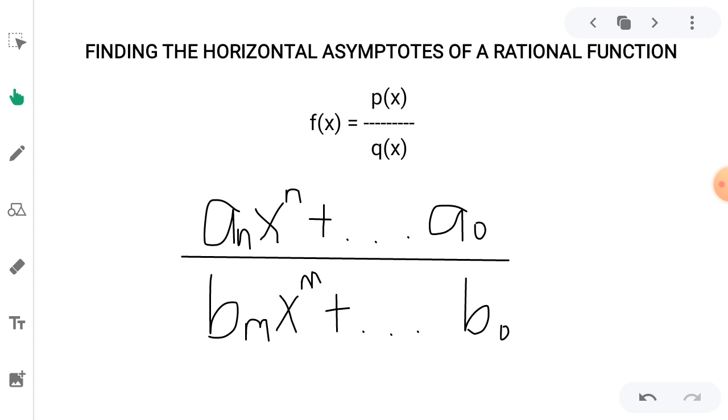So next is finding the horizontal asymptotes of a rational function. Again, the form of the rational function is f of x is equal to p of x all over q of x, wherein p of x and q of x are polynomials and the denominator is not equal to 0.